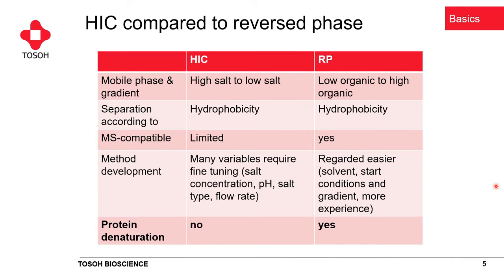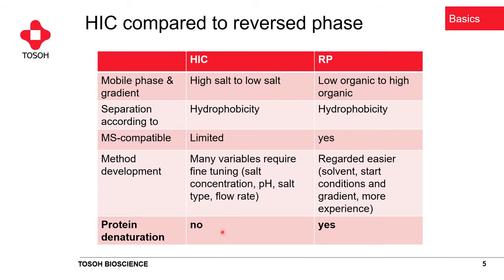This leads to the important last point in this table, which is protein denaturation. If we use organic solvents, we will denature our proteins, including the secondary structures, which is not the case if we use salt aqueous buffers.